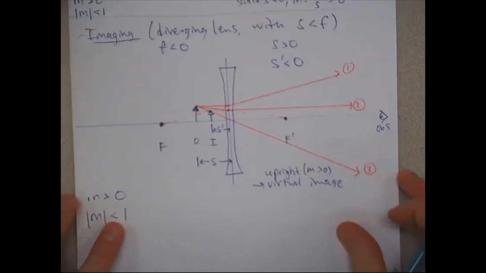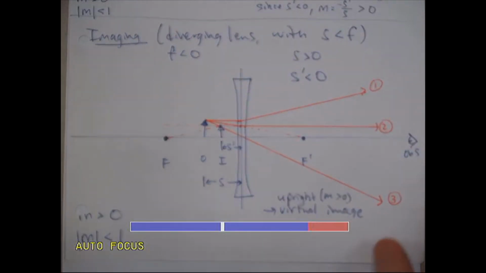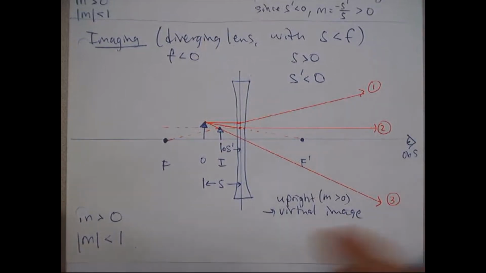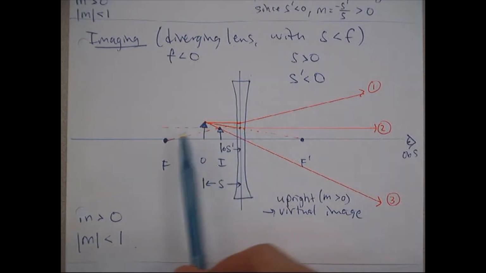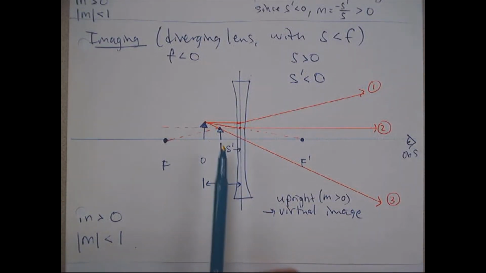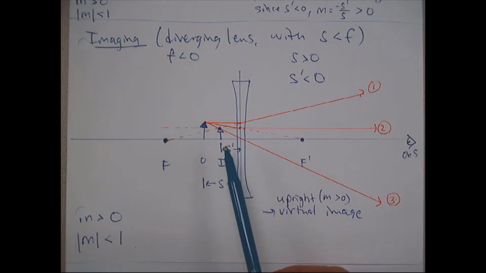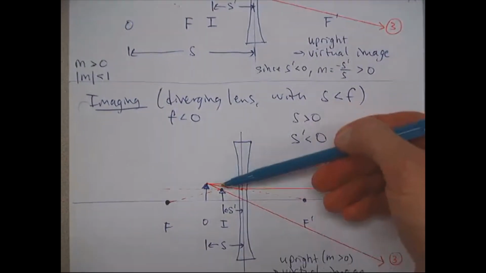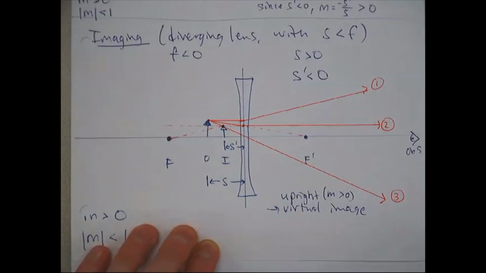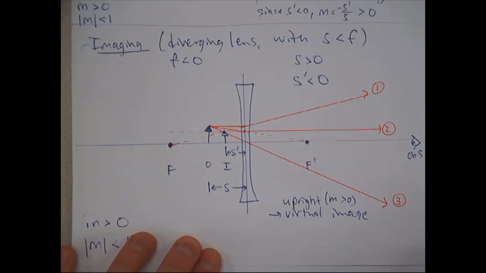In the final case, right, diverging lens, where we place the object closer than the focal length, you'll follow a similar ray construction and obtain a very similar result. Here you can see the virtual image to the left of the lens.